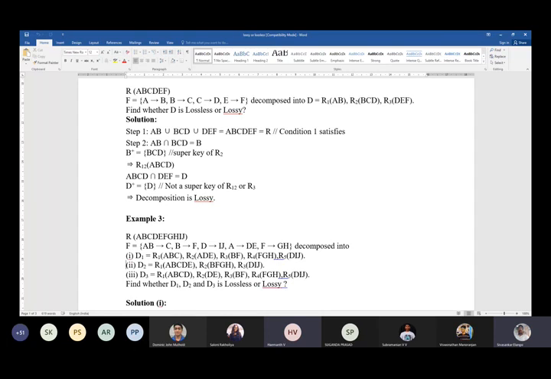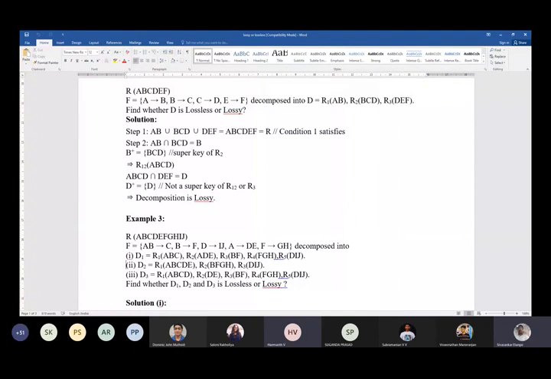Now you can integrate relations R1 and R2, right? So R12 will be A, B, C, D, F, G, H. R12 intersection R3 is going to be D. And what about D closure?